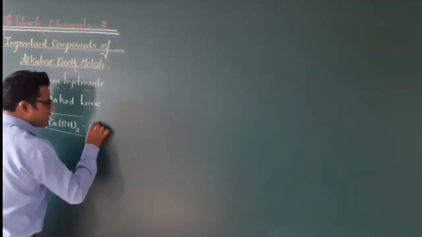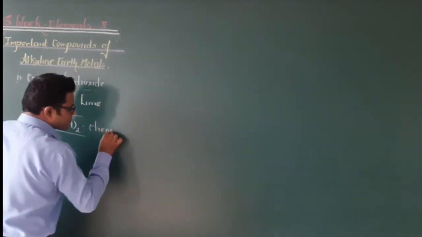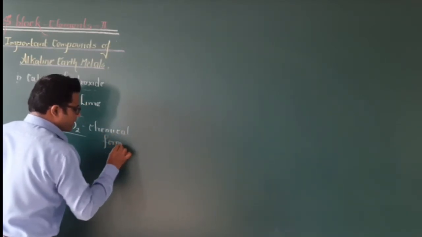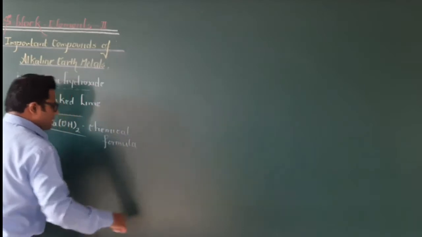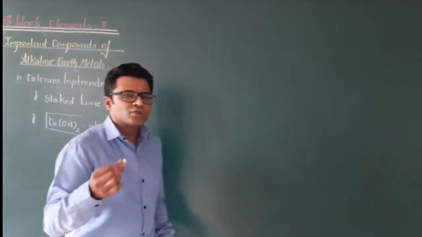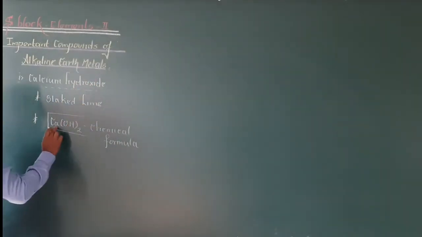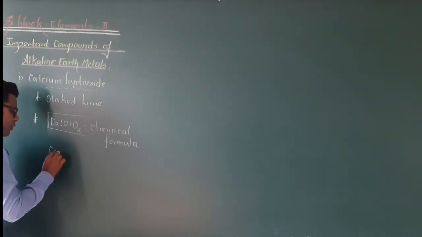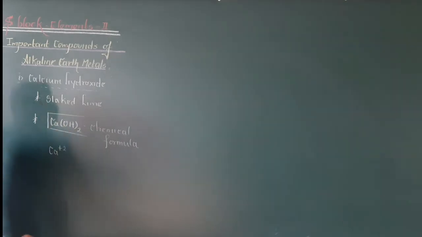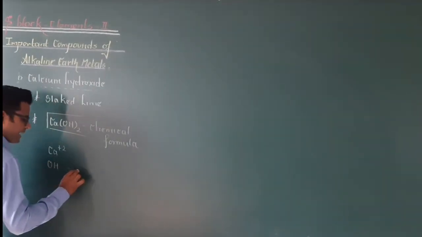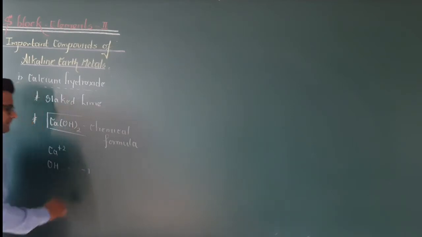So this is our chemical formula. Now why is it Ca(OH)2, that you have to think? Here we observe calcium is in the form of Ca plus 2, while OH has a charge of minus 1.